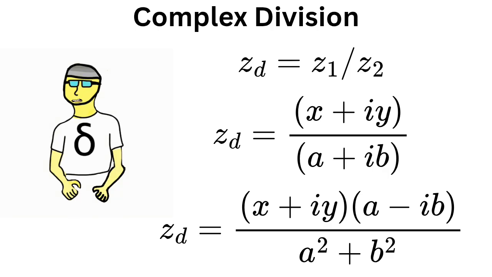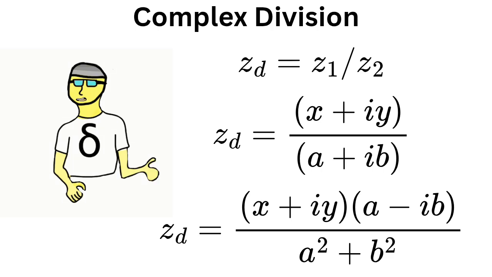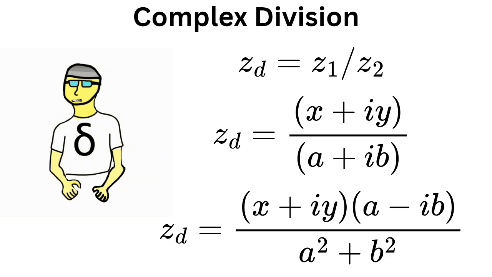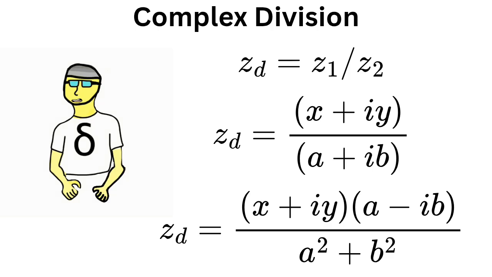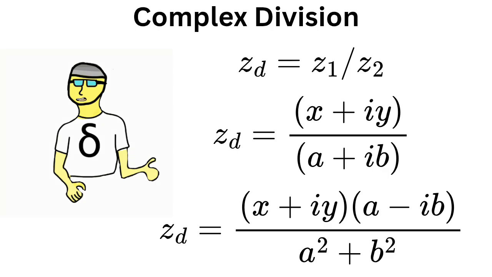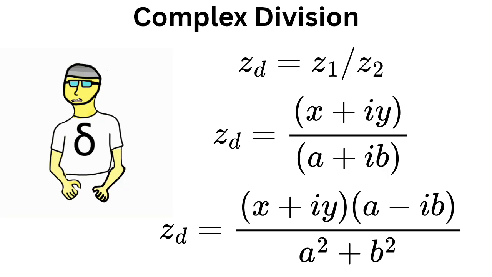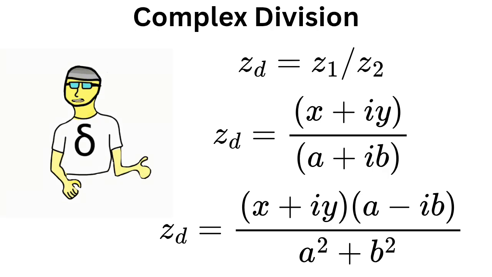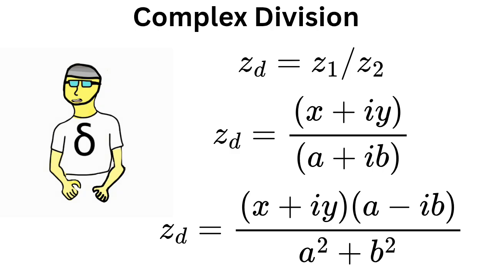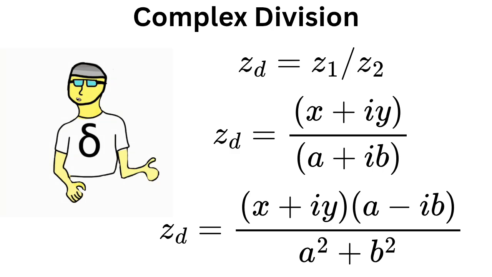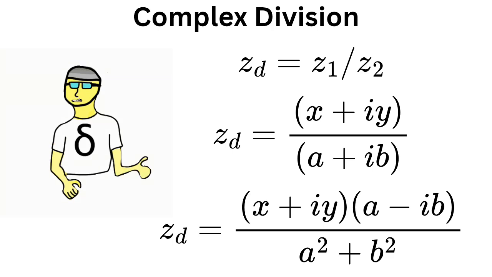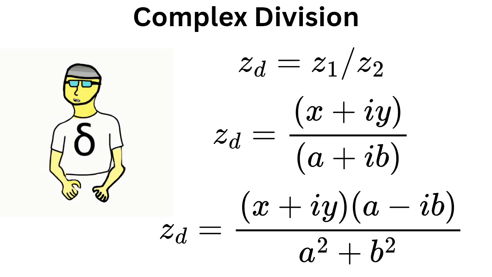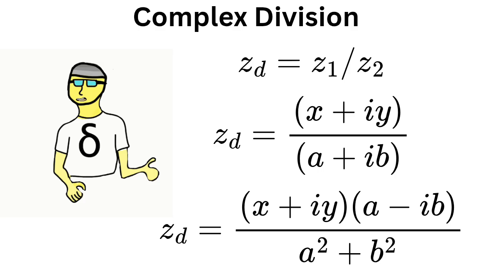Now to simplify this expression, multiply the numerator and denominator of the expression with the complex conjugate of the denominator, which would give us (x + iy)(a - ib)/(a² + b²). And we have already learned to multiply complex numbers, so we can easily solve from here to arrive at a final answer of the division.